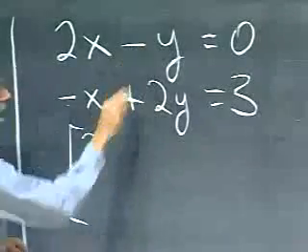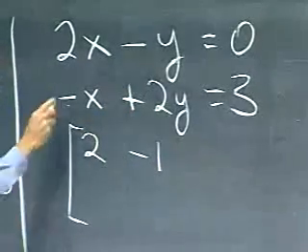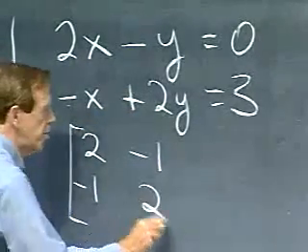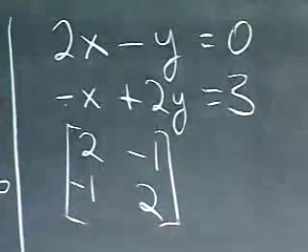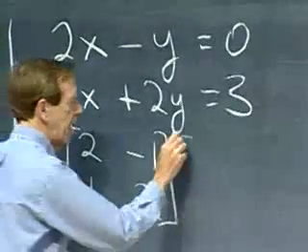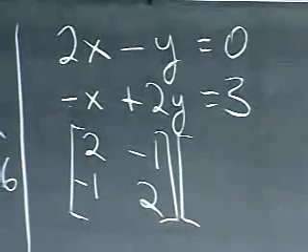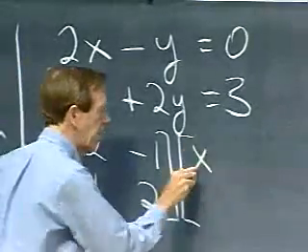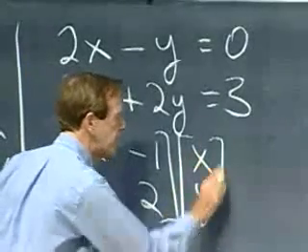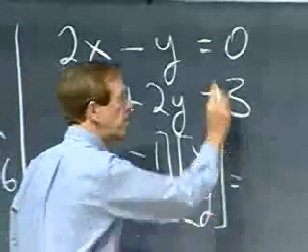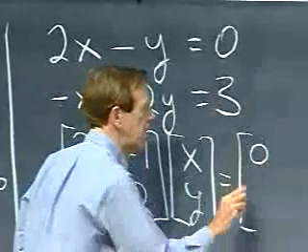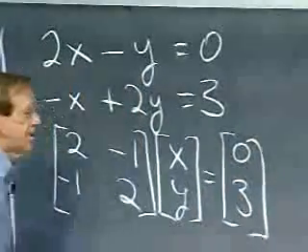So 2 and minus 1 in the first row, minus 1 and 2 in the second row. That's the matrix. And the unknown, well, we've got 2 unknowns. So we've got a vector, x with 2 components, x and y. And we've got 2 right-hand sides that go into a vector 0, 3.